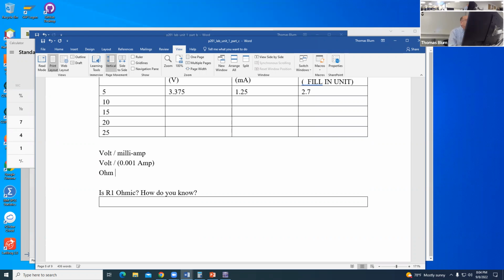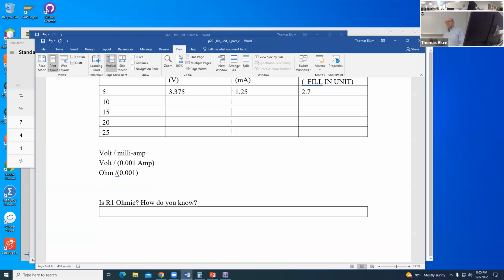And you don't have to do this every time, this is just my explanation. So the volt over the amp was an ohm, and I still have the 1,000 in the denominator. Dividing by 1,000 is like multiplying by 1,000.